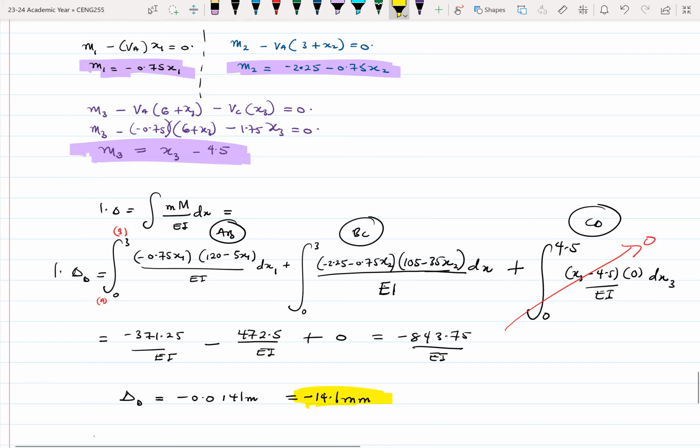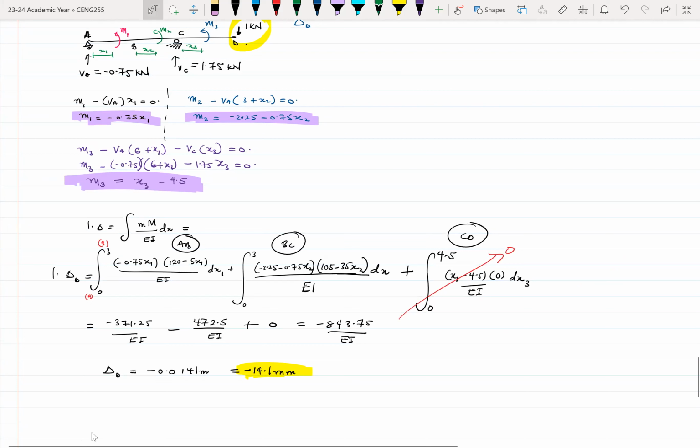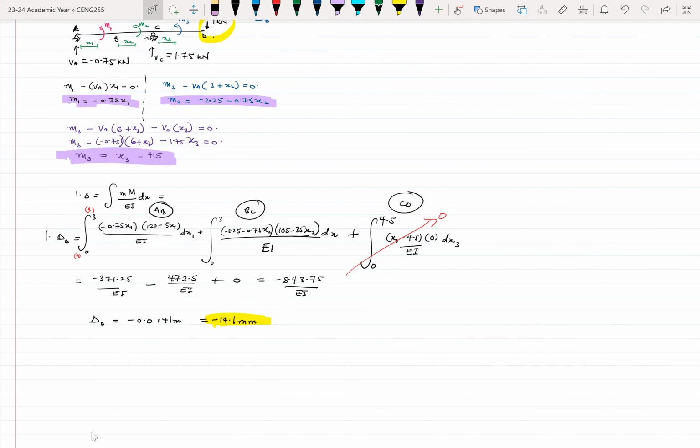So this is a more expansive method to calculate the displacements at a point using the unit load method. The challenge largely would be how to formulate your equations for the moment. That is the major challenge with the beams method, but otherwise the steps are pretty much the same.